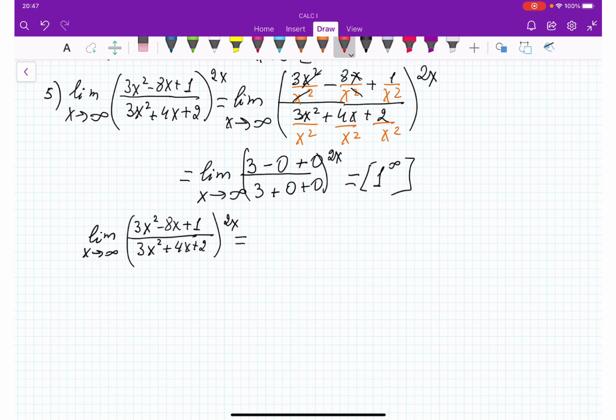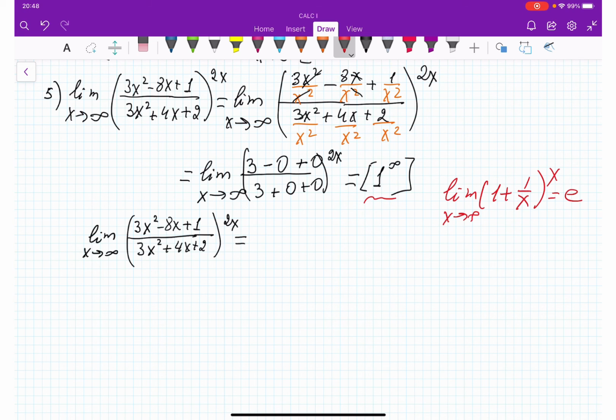So we are going to bring this to the format (1 plus 1 over x) to power x with limit x approaches infinity to use the definition of e, right? Why? Because we have this format 1 to power infinity.